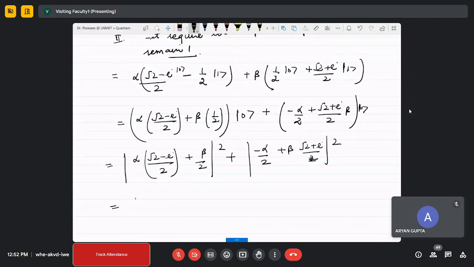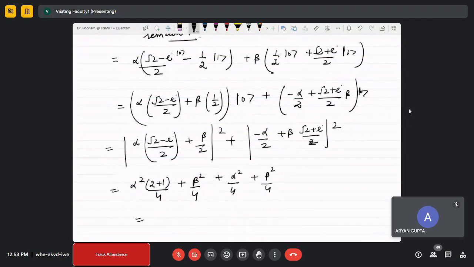So it will be alpha square times root 2 squared, which is 2, plus 1 upon 4, plus beta square by 4, plus alpha square by 4, plus beta square by 4.